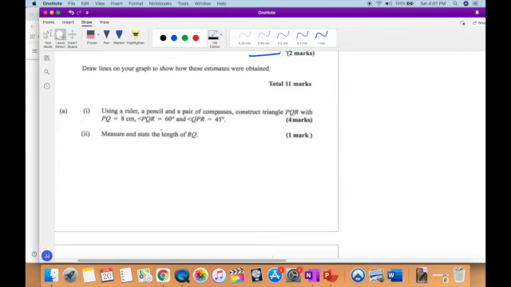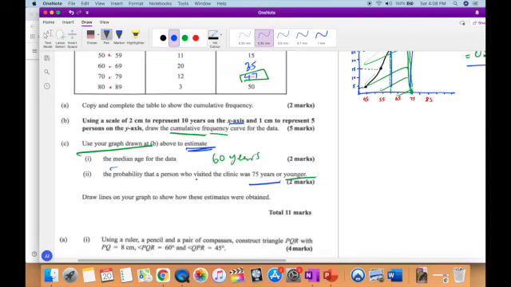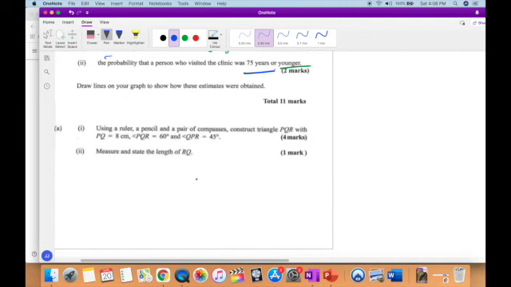Using a ruler and a pencil and a pair of compasses, construct PQR. Remember, before you construct anything, you should draw a sketch to get an idea of what's going on. So PQ is 8 centimeters.